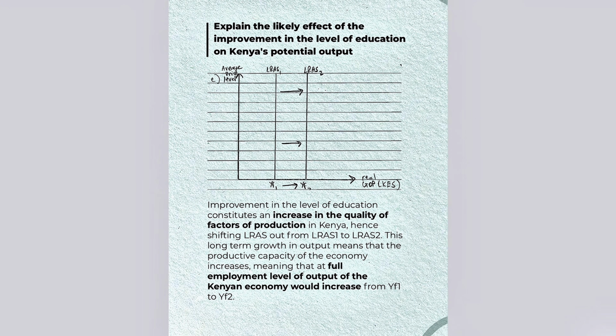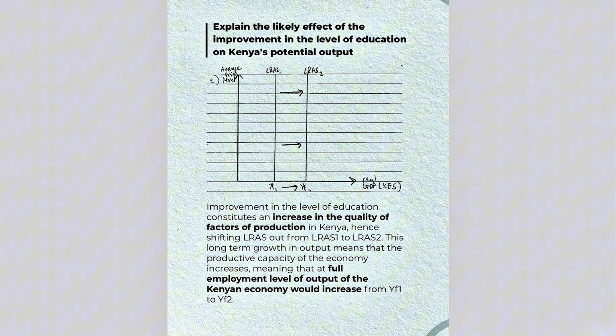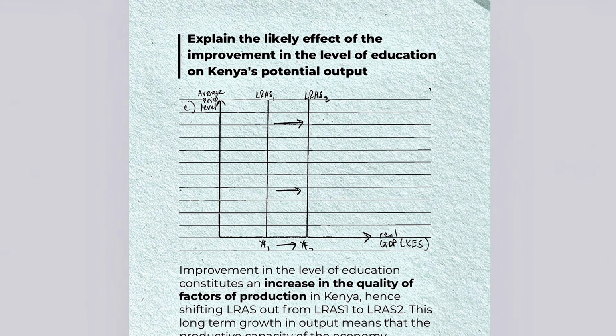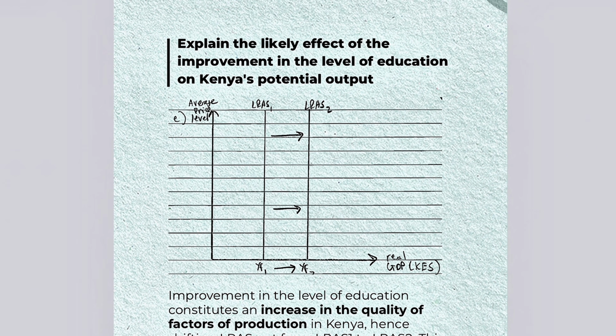And here's another example. Explain the likely effect of an improvement in the level of education on Kenya's potential output. You can see that in this diagram, the X and Y axes are less detailed, but yet it was acceptable. And there's a rightward shift of the LRAS from LRAS1 to LRAS2, which increases real GDP from YF1 to YF2.